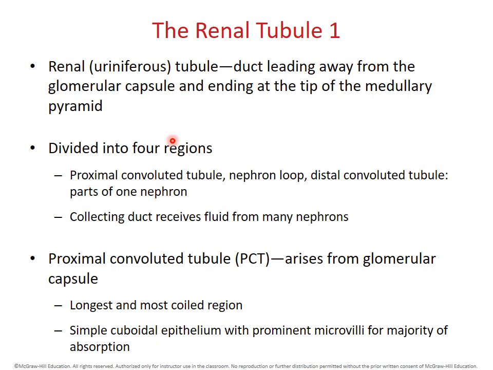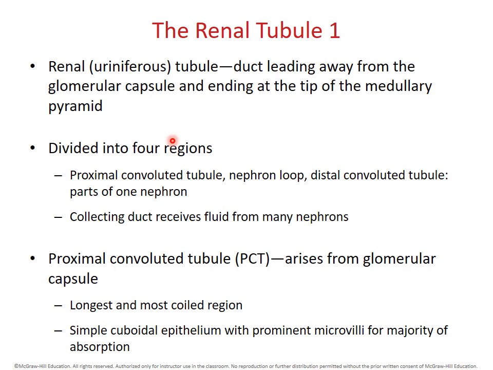And again, the urinary pole consists of the tube that leads away from the glomerular capsule, carrying the filtrate away. I just want to mention that the urinary pole is formed primarily by the parietal layer of the glomerular capsule, which becomes the tube that then leads away. Once we get away from the glomerular capsule, that parietal wall converts from simple squamous epithelium into a simple cuboidal epithelium.